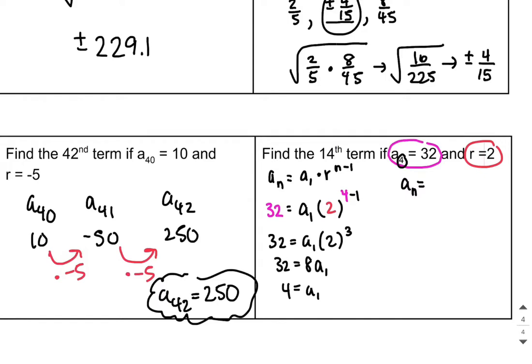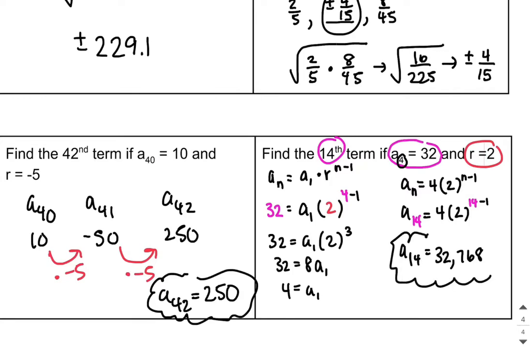My general rule is 4 times 2 to the n minus 1 power, and I'm going to plug in, I want the 14th term, so I'm doing a sub 14 is equal to 4 times 2 to the 14 minus 1 power, and then when I simplify all of this, I'm going to end up with 2 to the 13th power times 4, which gives me a total of 32,768. That's going to be the 14th term.